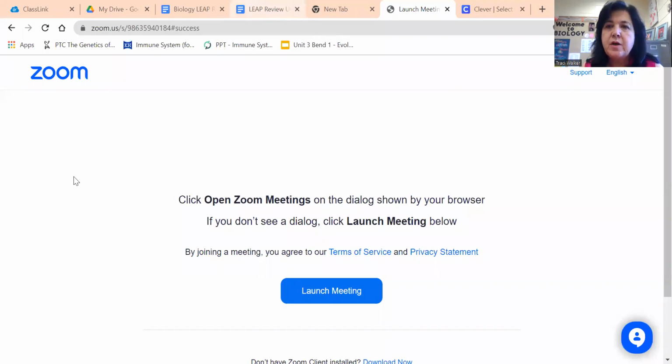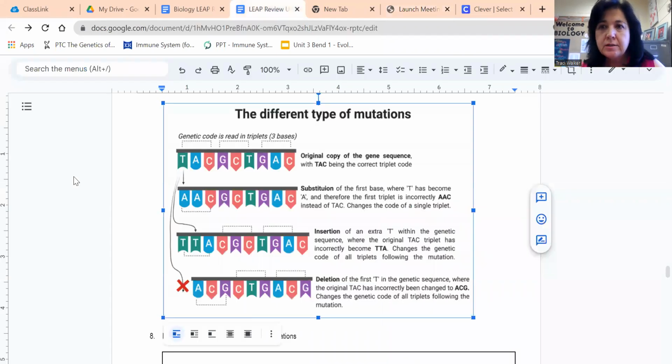Okay, so in video 3, we learned about protein synthesis, and we learned that protein synthesis is when the genetic code that is in the DNA is transcribed onto messenger RNA, and then messenger RNA goes out to the ribosome, and that's where translation occurs and the protein is made.